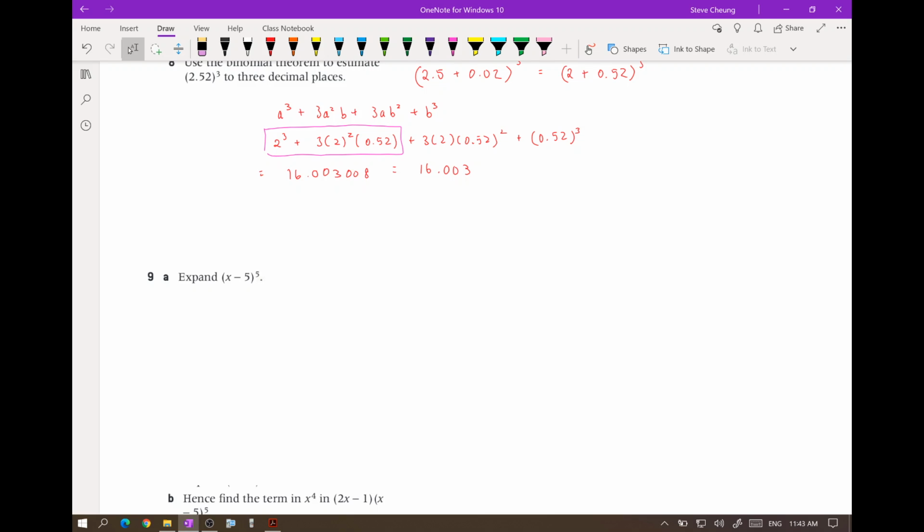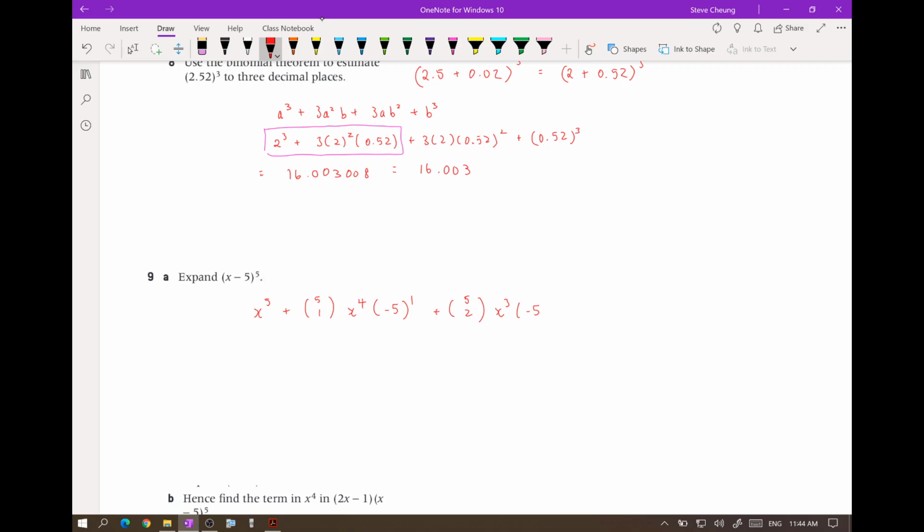Expand this fully, so this is like the last exercise. You can either use the Pascal triangle, or you can use the formula. I will just show you what the pattern is here. x to the power 5 plus 5 choose 1, x to the power 4, negative 5 to the power of 1.